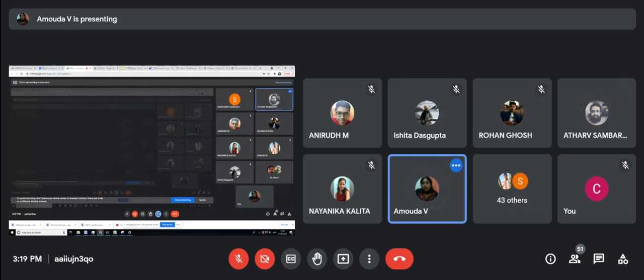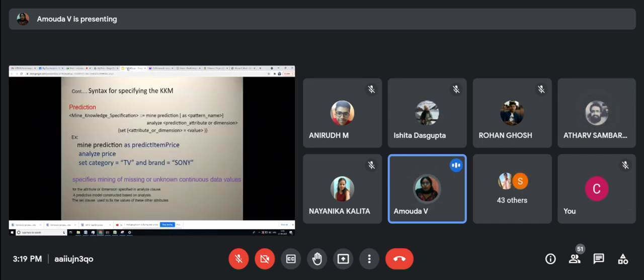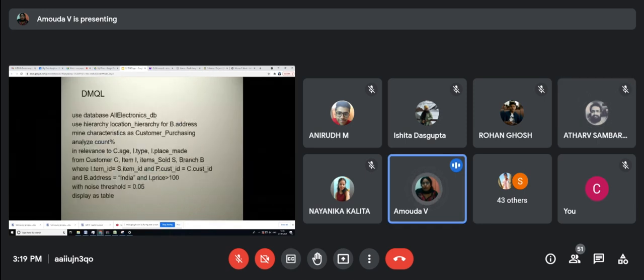Yes, ma'am. There you straight away write a query. One by one, this primitive has to be added. Finally, you will have a query like this. See here, this is the final data mining query language. Use database, use hierarchy, use the knowledge to be mined, and visualization and the interestingness measure. All put together, it is the complete data mining query language with the task relevant data.